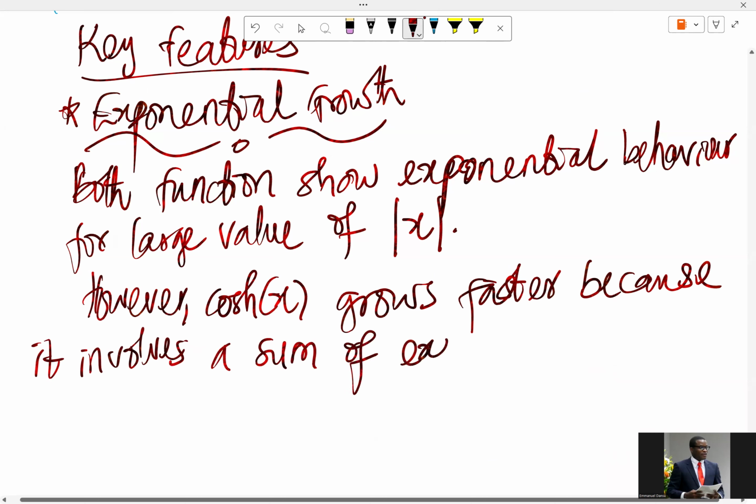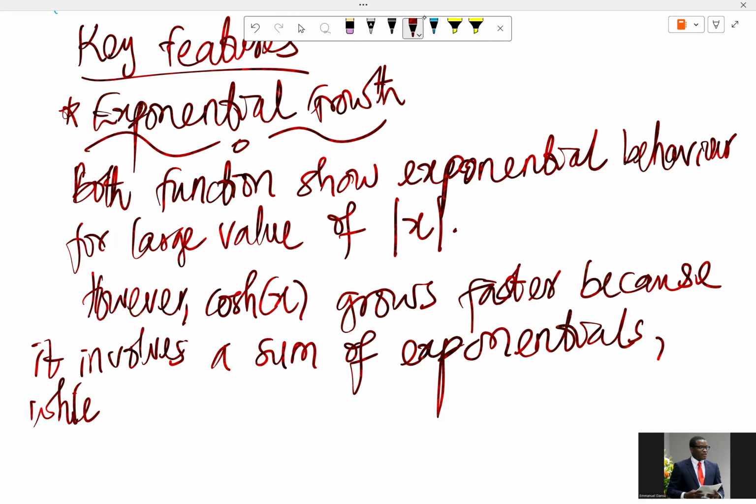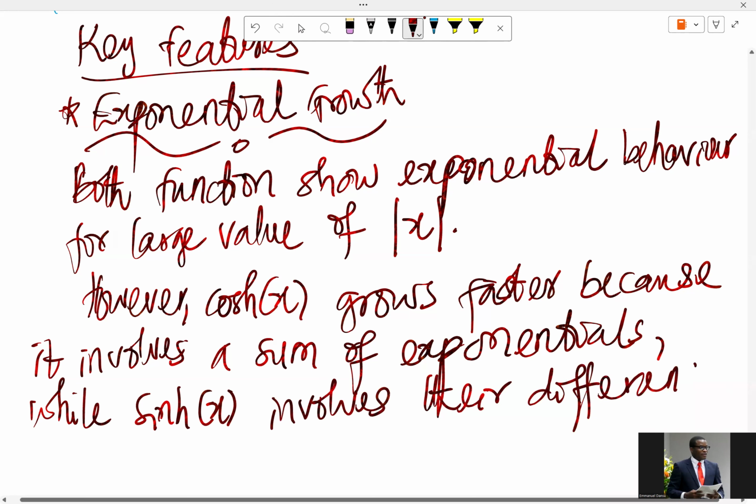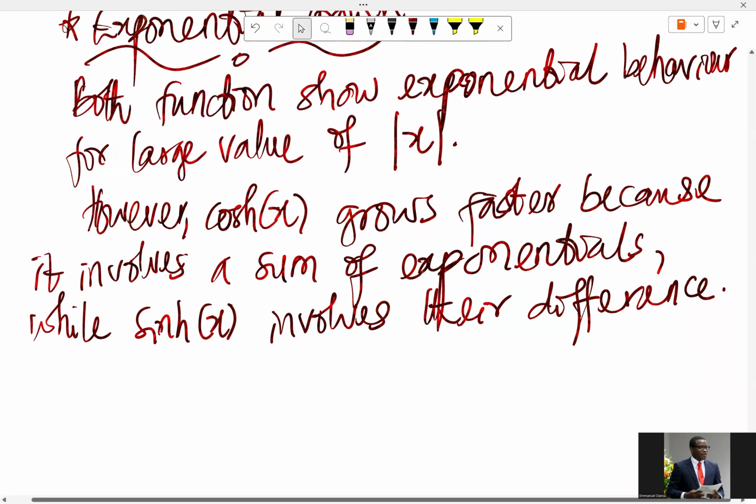Because you're adding exponentials together, the growth for cosh x will be faster than that of sinh x, because that one is different. It's a difference of exponentials. So cosh x involves a sum of exponentials, while sinh x involves their difference. So that's one characteristic we see.